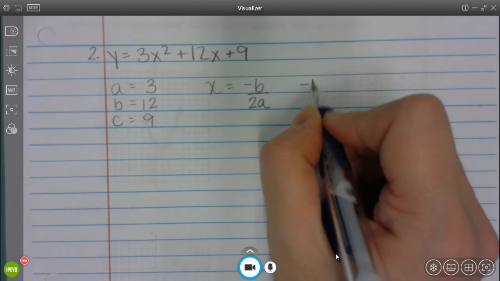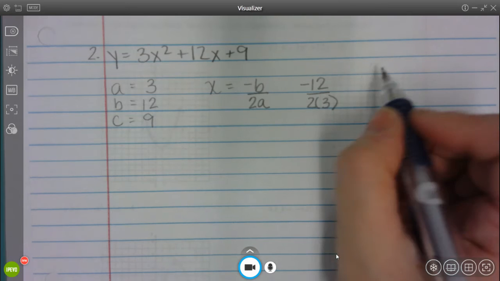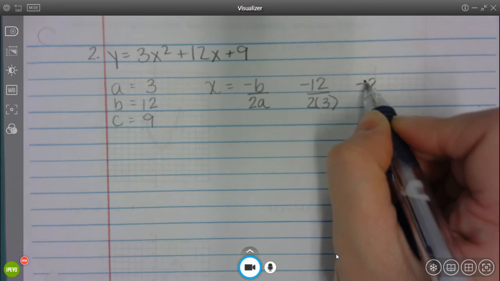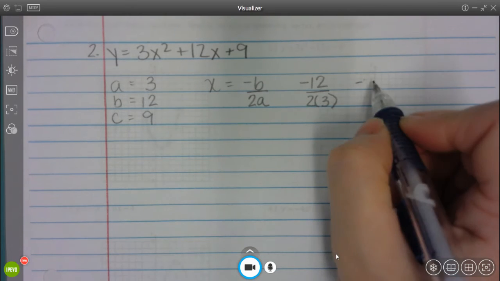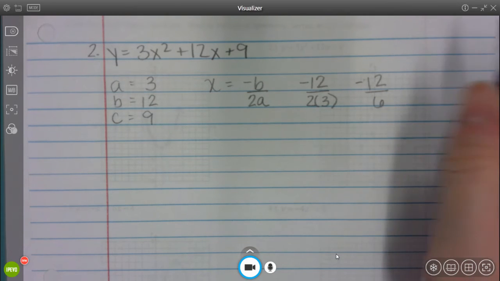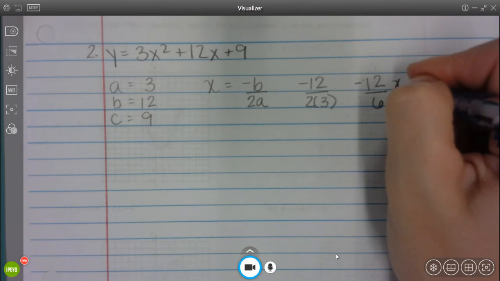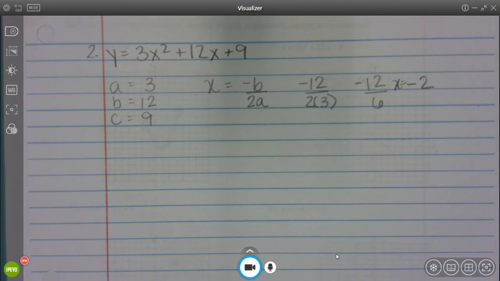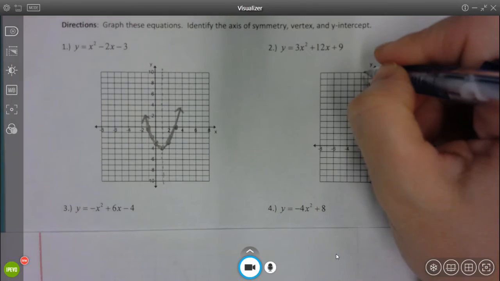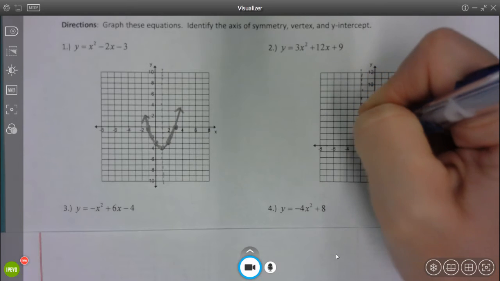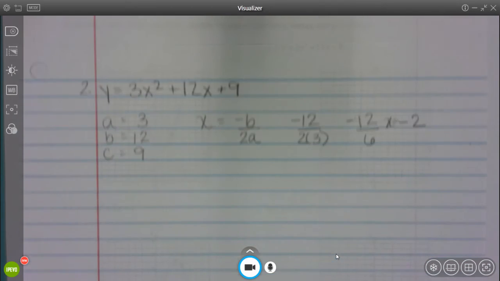So this will be -12 divided by 2 times 3. So that's -12. Whoops, that doesn't look like a 12. -12 divided by 6, which is going to give me an axis of symmetry of x equals -2. So I'm going to tuck that out of the way for a second. Put my imaginary vertical line there just to keep in mind where we're headed.